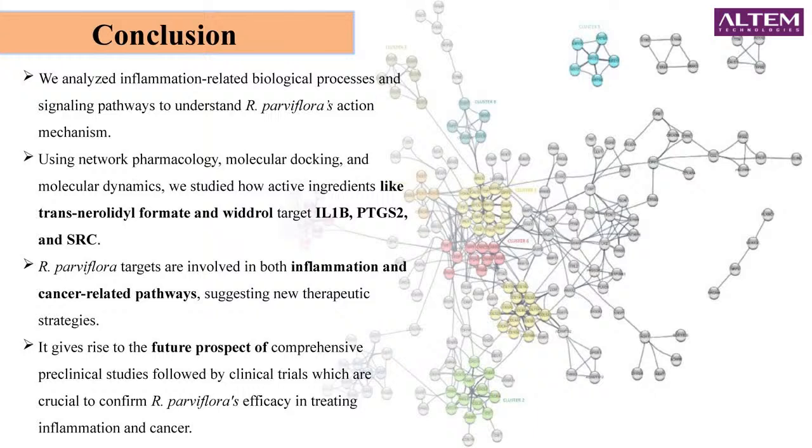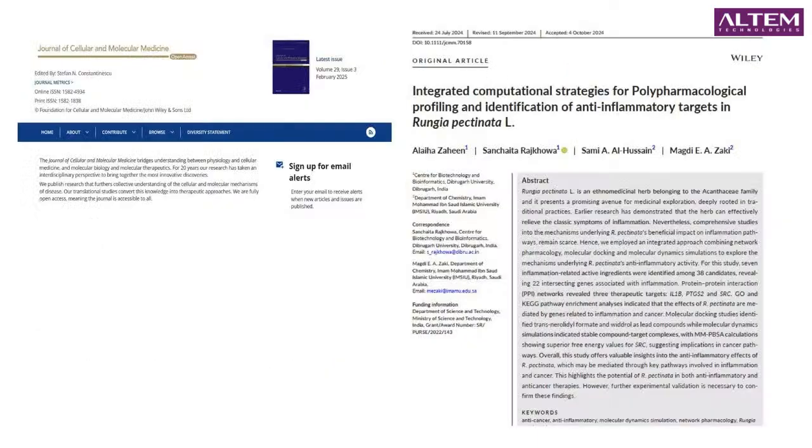the herb's traditional use and its potentially novel therapeutic strategies for inflammation and cancer. This finding also underscores that this particular plant has potential as a natural therapeutic agent for inflammation and cancer, and it warrants further clinical validation and exploration.